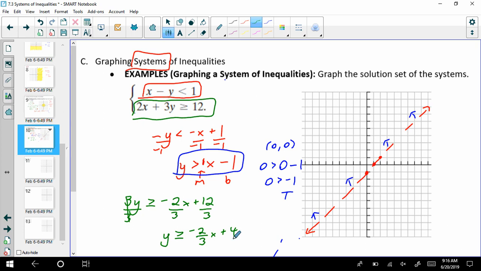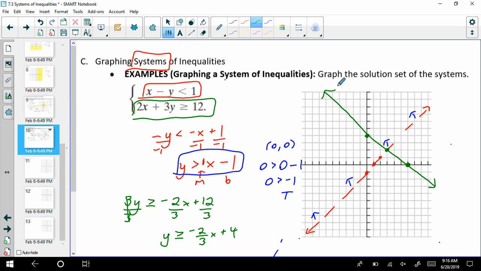So I'm going to begin at 4. And then my slope, I'm going to fall 2 and then right 3. Fall 2, right 3. When I graph this line, will it be solid or dashed? It should be solid because it has the equal to bar.